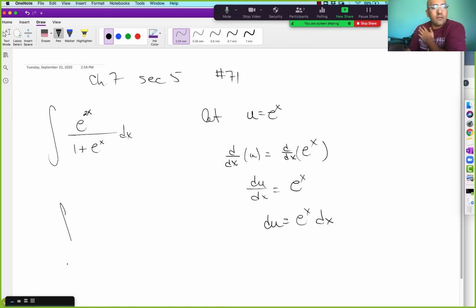Which means that the integral of e to the 2x is equal to e to the x squared, which is equal to e to the x times e to the x. So I can use one of them to be this and one of them to be u.